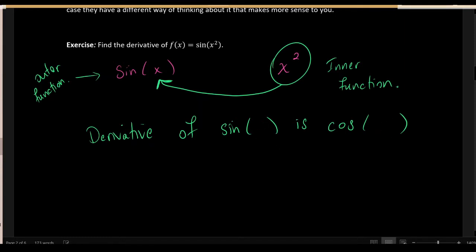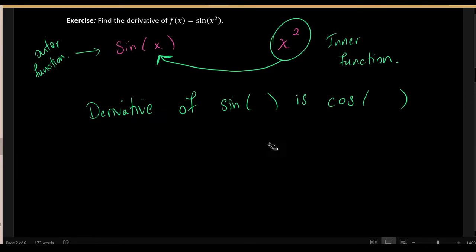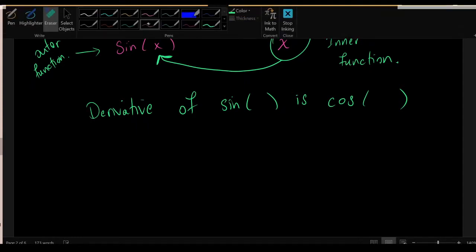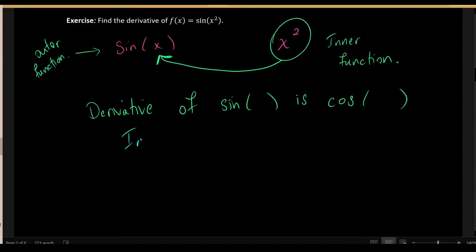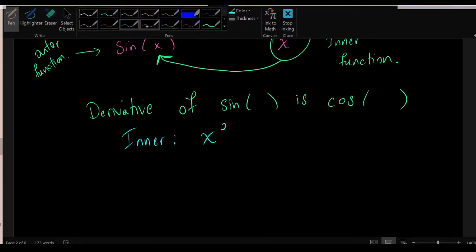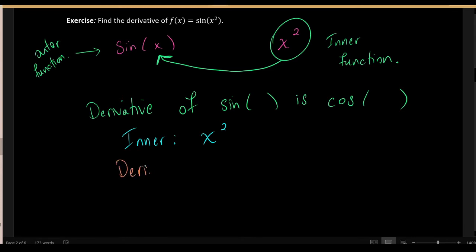And I'm going to say something like, the derivative of sine is cosine. I'm going to make a note that the inner function is x squared, and then I'm going to make a note that the derivative of the inner function is 2x.